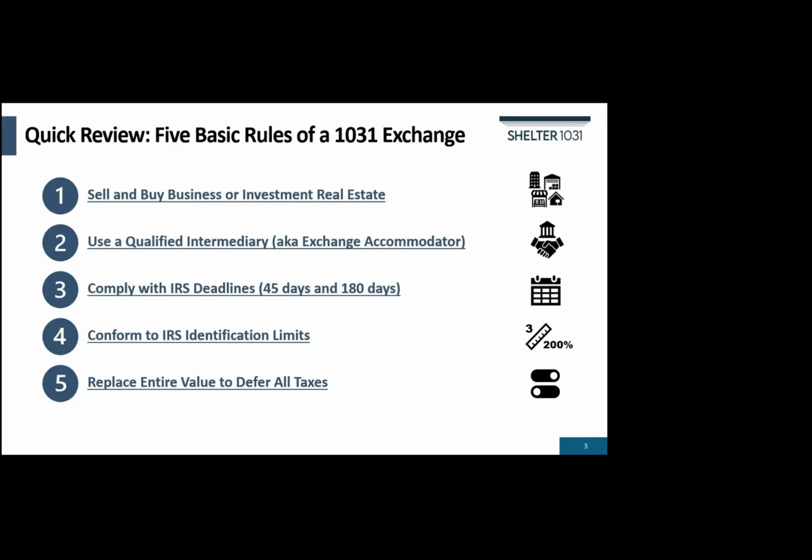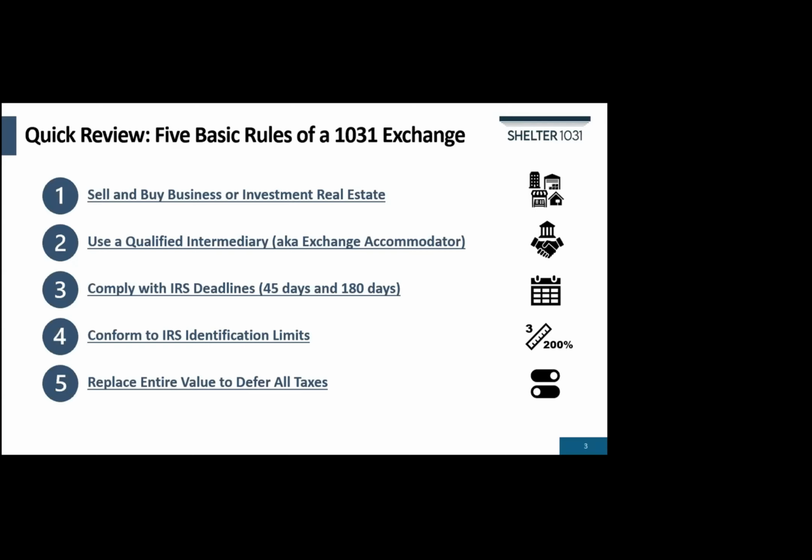So before we delve into our advanced topics, let's just quickly review the 5 basic rules of a 1031 exchange. I'm sure you're all familiar with them, but quickly. First, to defer your capital gains taxes in a 1031 exchange, you must sell and buy business or investment real estate. This excludes property like your home or flipped houses.